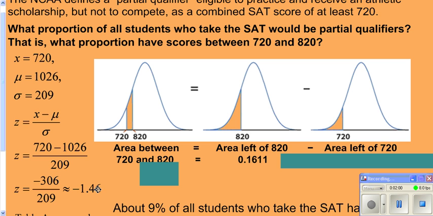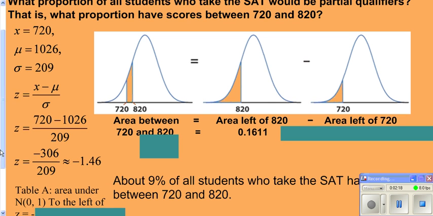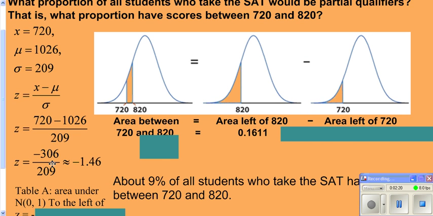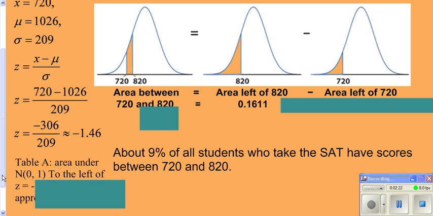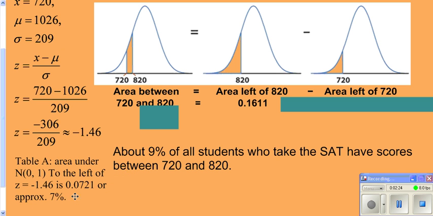On our z-score chart, we go to negative 1.4 on the left, find that row, then our hundredths digit is a 6, so we go to 0.06 across the top and go down that column. At the row of negative 1.4 and the column of 0.06, we get 0.0721.